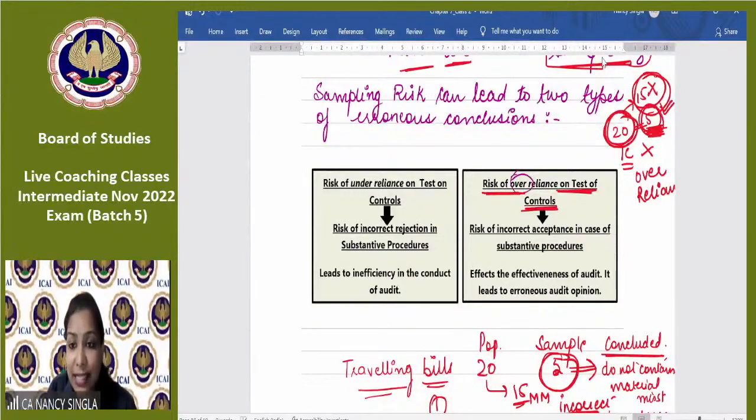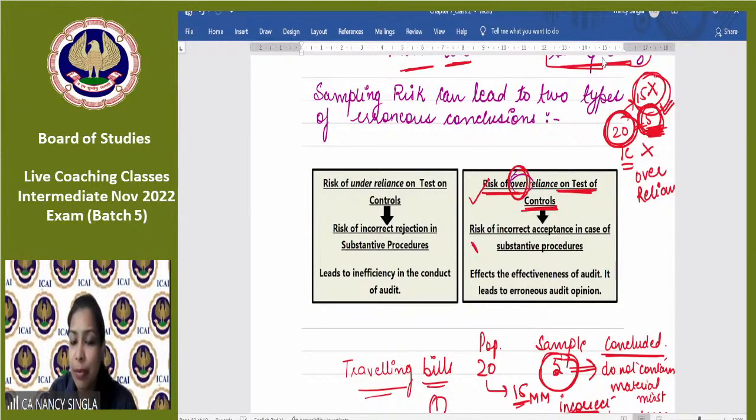But since auditor का sample ऐसा आया that the 5 that he has selected, they are good. So auditor generalized, extrapolate कर लिया on the entire population that all are good. And he relied on the internal control. So this is a kind of over-reliance on internal control. Na? जितना rely करना चाहिए था उससे ज्यादा rely कर लिया ना.